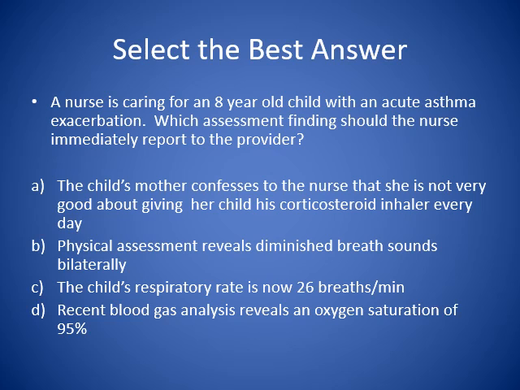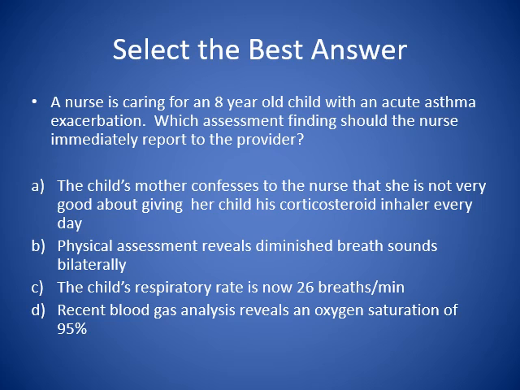A nurse is now caring for an 8-year-old child with an acute asthma exacerbation. Which assessment finding should the nurse immediately report to the provider? A. The child's mother confesses to the nurse that she is not very good about giving her child his corticosteroid inhaler every day. B. Physical assessment reveals diminished breath sounds bilaterally. C. The child's respiratory rate is now 26 breaths per minute.